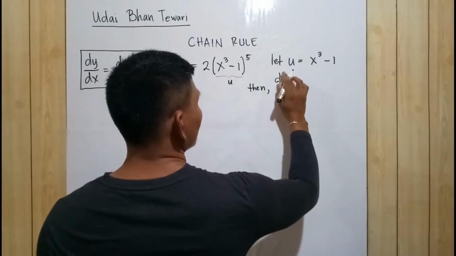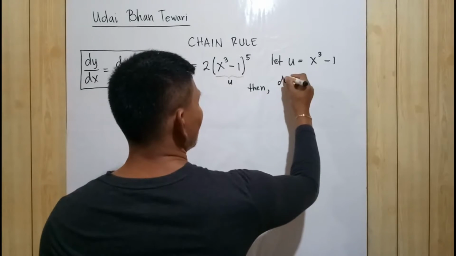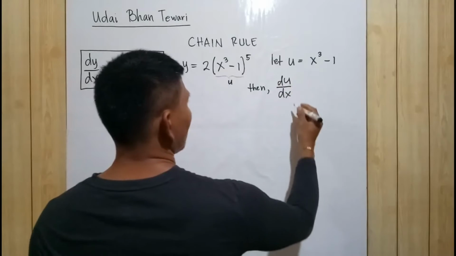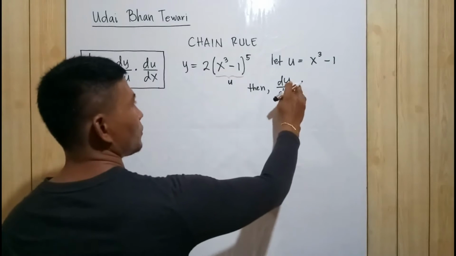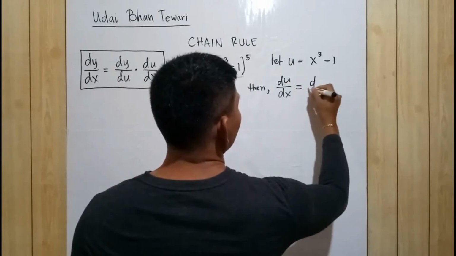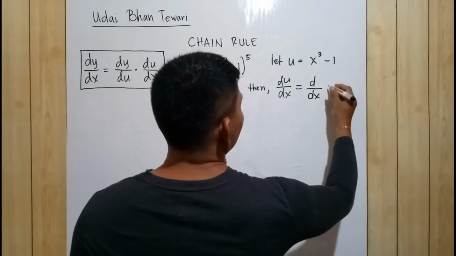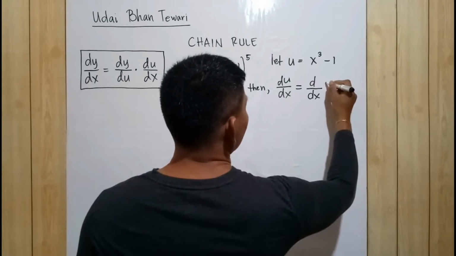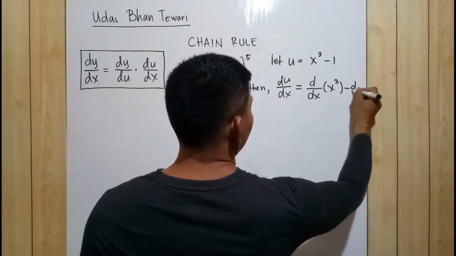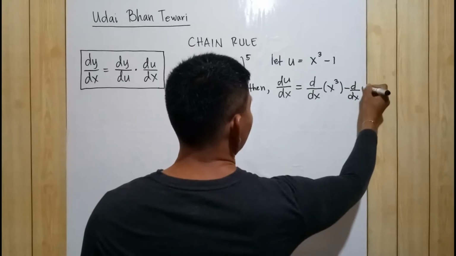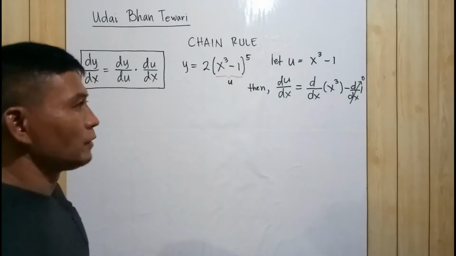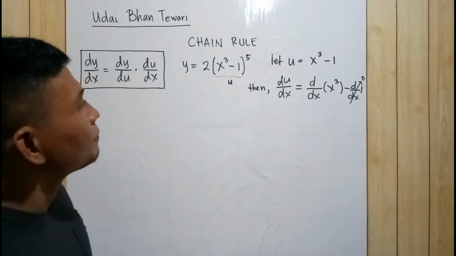Since we let u be equal to x cubed minus 1, then du/dx, or the derivative of u in terms of x, is equal to the derivative of x cubed minus the derivative of 1, which we know is equal to 0 as we are differentiating a constant.